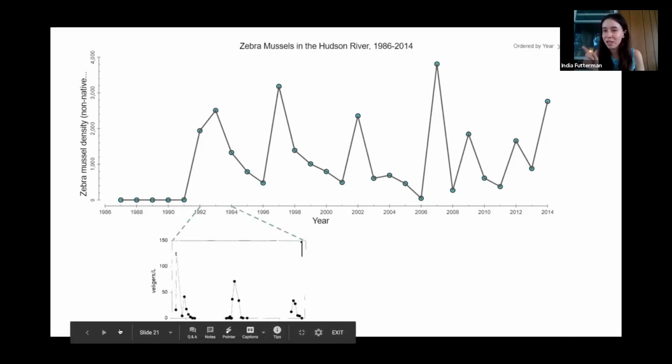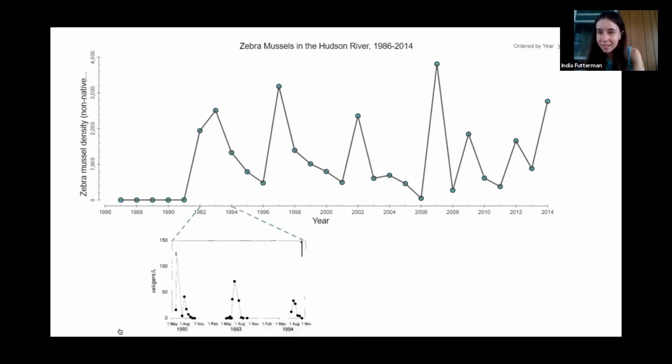If you click the slide again, Mary Ellen, I did a little inset of that graph we just looked at in the previous slide, zooming in on the 1992 to 94 period. So we see this decreasing population growth rate, as shown by this inset graph. And we can see that reflected in the big graph, the 1986 to 2014 graph.